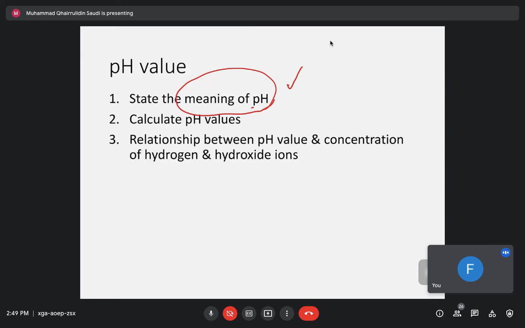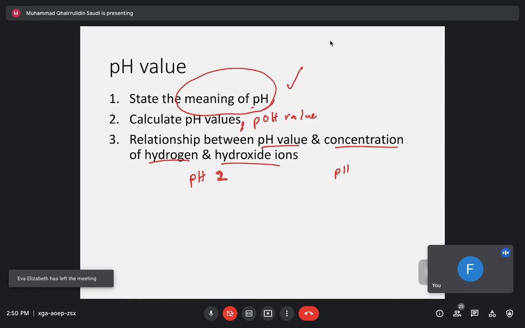Can you calculate pH values, pOH value? Yes. Okay. How about the relationship between pH value, concentration of hydrogen and hydroxide ions? Okay, saya test. Mari kita tengok. pH 1. Tak naklah pH 2. This is pH 2. This is pH 10.